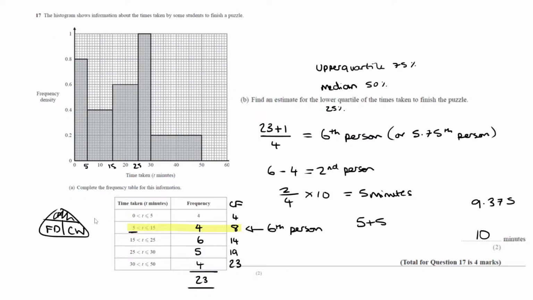That's the bit that's tricky: how far into the row that I've identified is that person, and then apply that as a fraction of the class width. The 10 here was the class width, just in case you're not sure where that came from.